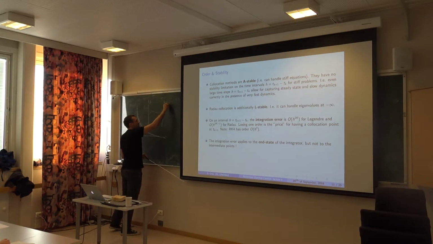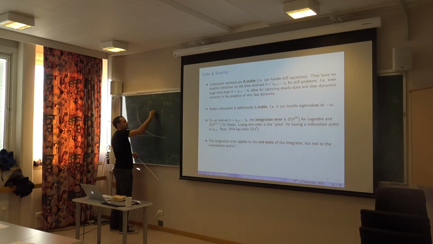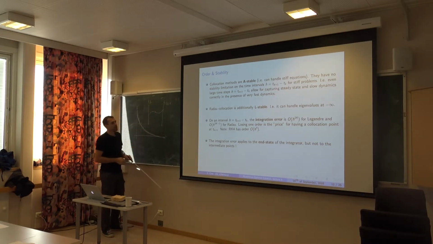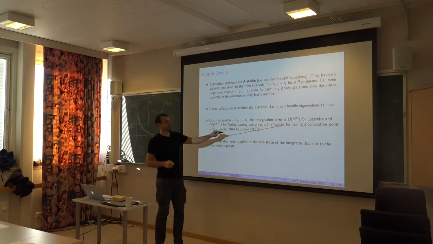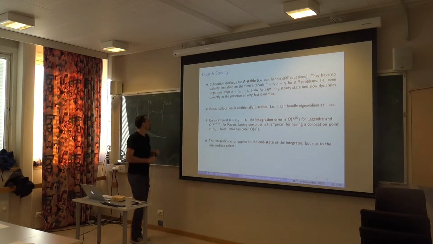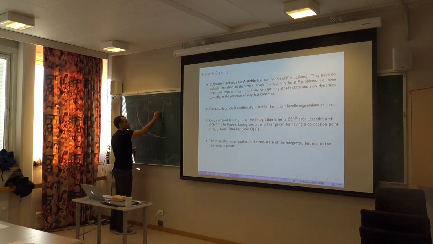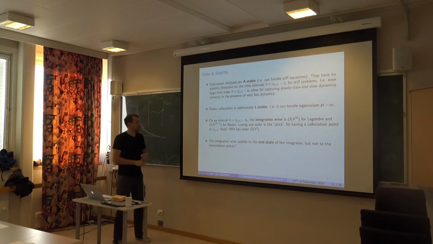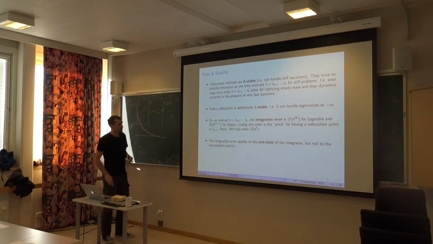But the bad news is that at arbitrary time points inside the interval, the order of accuracy you get there is a bit worse. So you cannot claim that you have the same accuracy. This order applies to this endpoint, regardless of whether you have a checkpoint on that endpoint or not.